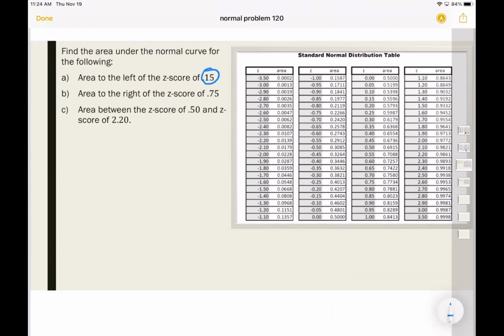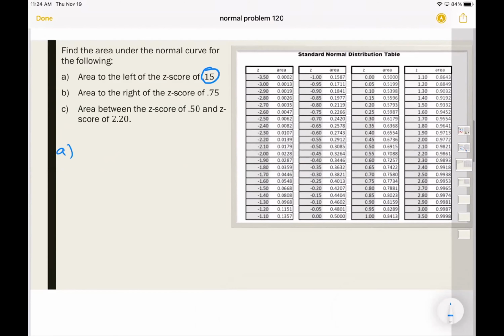So if you saw this problem A, what do we need to do? Well, sketch your curve, right? It doesn't matter where you put it. This is my Z, and this is the area I'm looking for: the area to the left of Z. Everybody agree on that? And the area to the left, life is good.